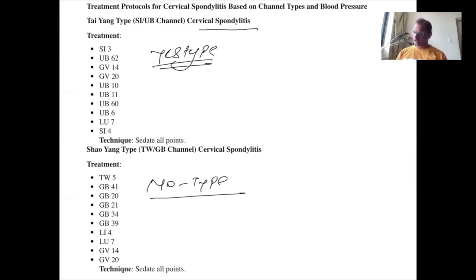So treatment will remain the same whether it is spondylitis or spondylosis or spondylolisthesis or any other problem like disc herniation, disc bulge. The treatment remains the same. We need to find out whether the person is having a problem while doing yes, then this protocol will be applicable, or the person is having a problem while doing no, then this protocol will be applicable. So we already discussed this yesterday. Now let's proceed to the next treatment part.